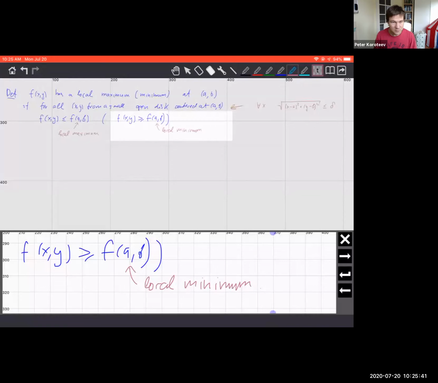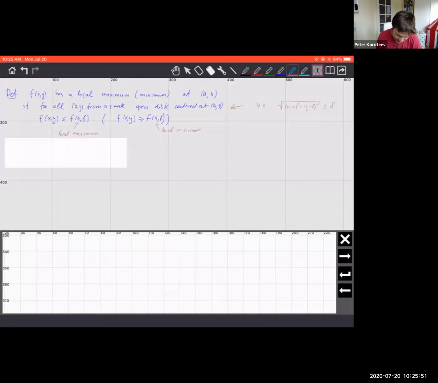I'm not going to attempt to draw a plot here, we'll switch to Mathematica after a while. But first, let's prove a statement about that. The theorem says that if f has a local maximum or minimum, then both of its first order partial derivatives must vanish.